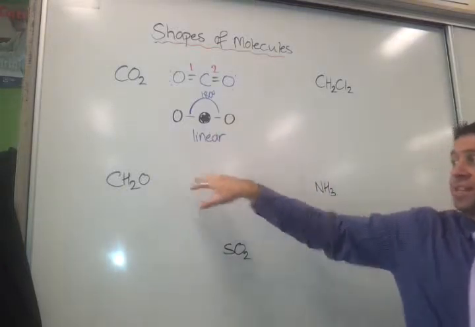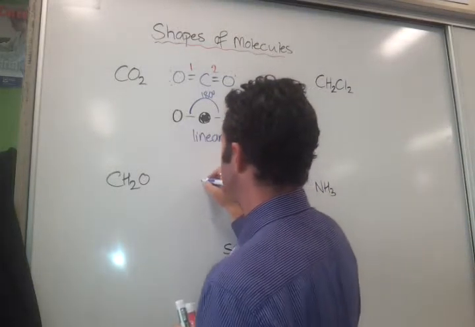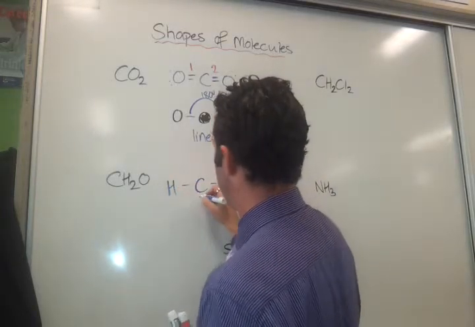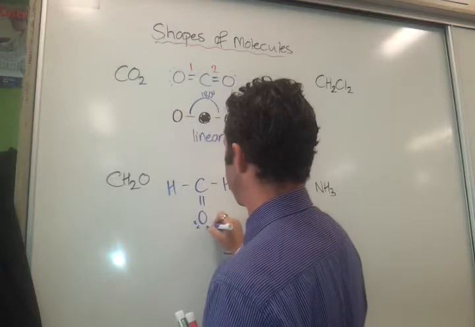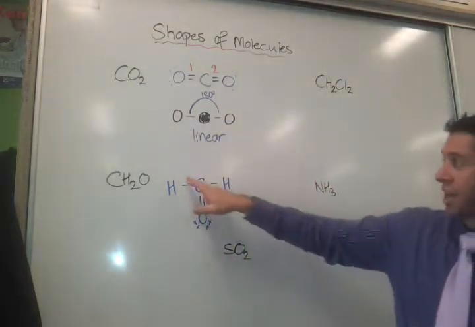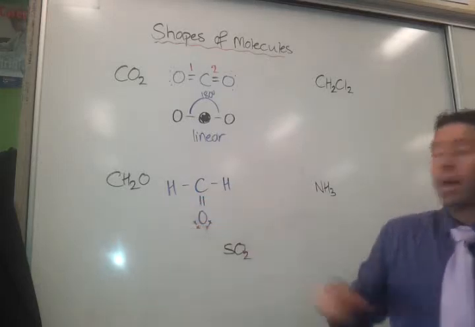Our next one, CH2O, which is an organic compound, has got carbon in the middle as well. And we find that it has got a Lewis structure that looks like that. Now if I have a look here, yes, my carbon's got its 8 electrons around it, and so does my oxygen.